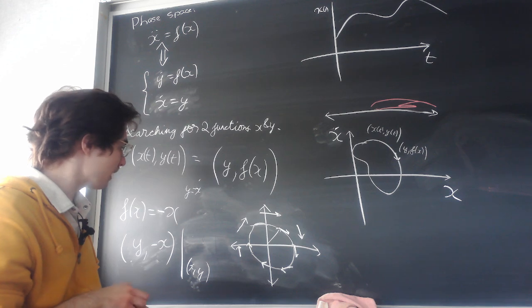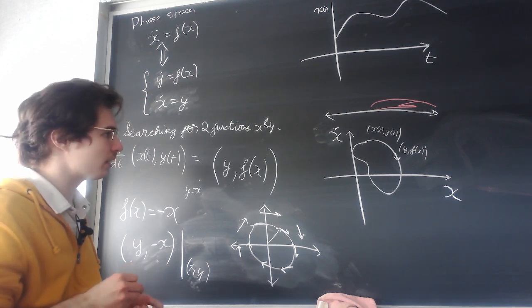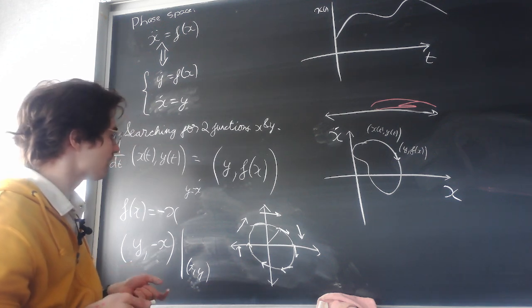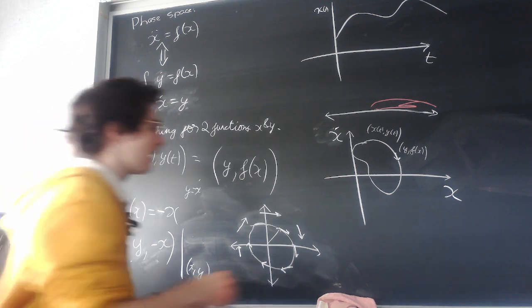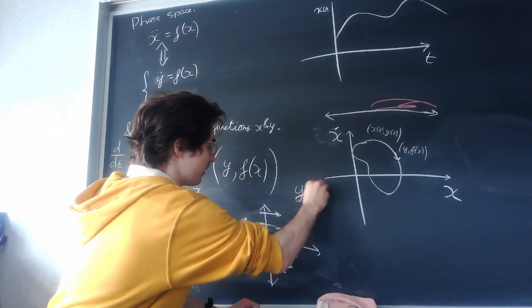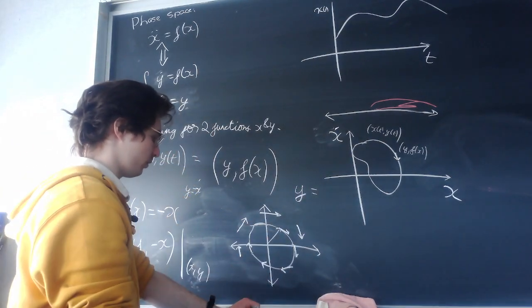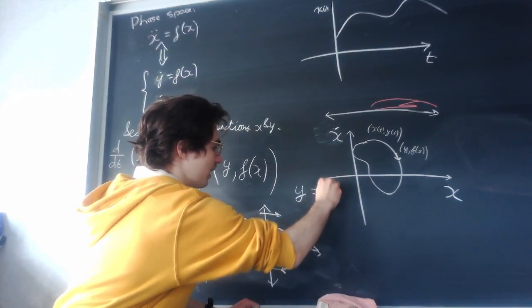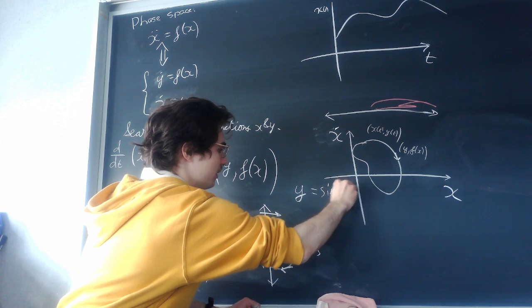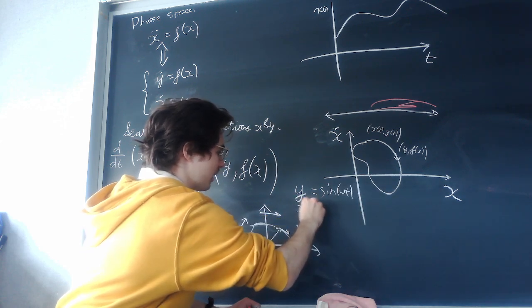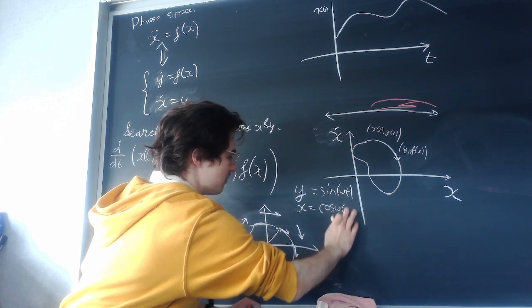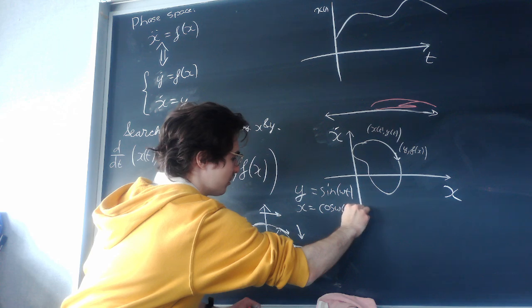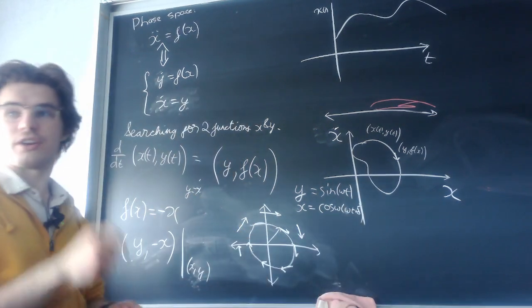Okay. In that case, you can more or less guess that up to some initial conditions and some phase, my y has to equal sine omega t, and then my x has to equal cos omega t, and maybe I'll have some delta phase shift here.